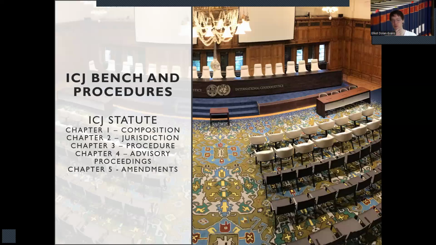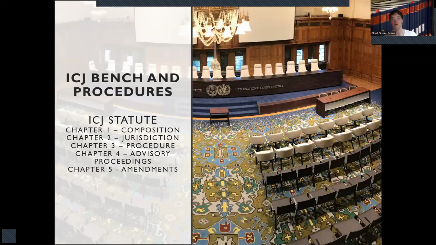And then, as a final point for this chapter, Article 38 also concerns subject matter jurisdiction, in terms of what law the court has to apply. It says in the first subsection that the court's mission is to decide disputes according to international law. Then it goes through the sources of international law that can be considered.